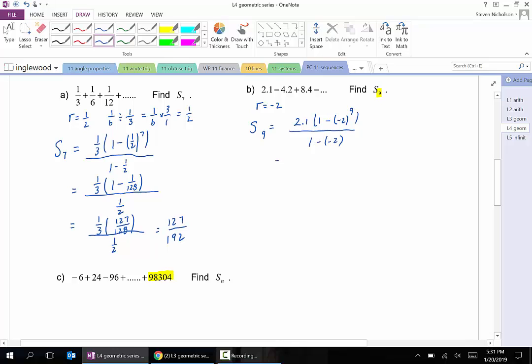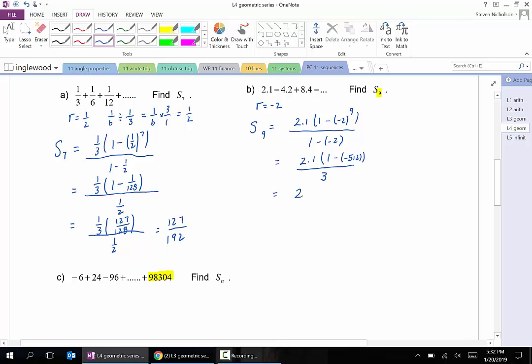And 1 minus negative 2 is positive 3, so we get 2.1 times 1 minus negative 2 to the 9, which is 512. So 1 minus negative 512.